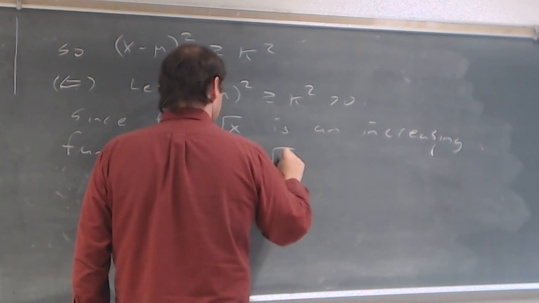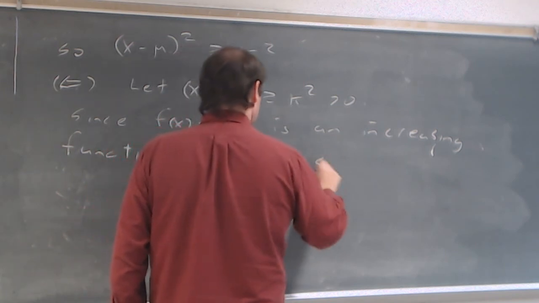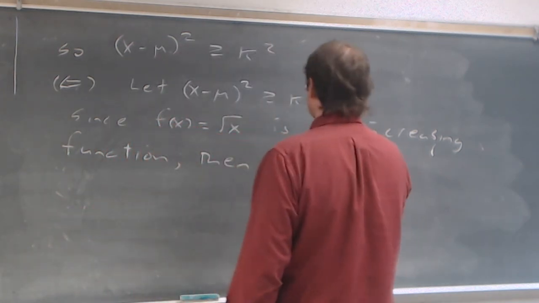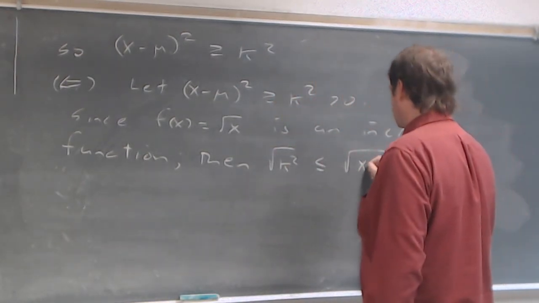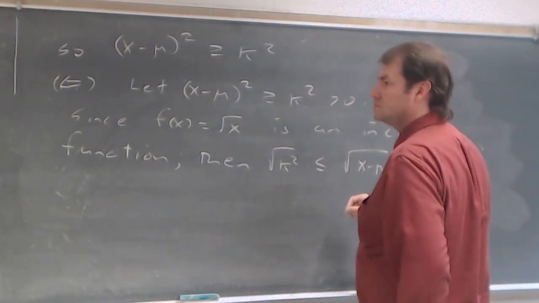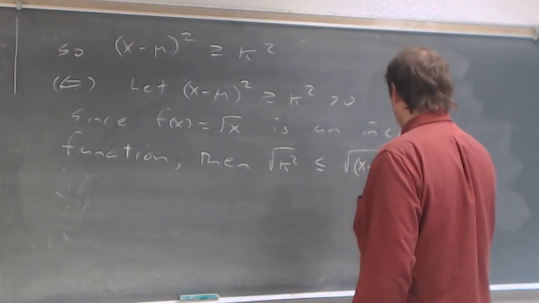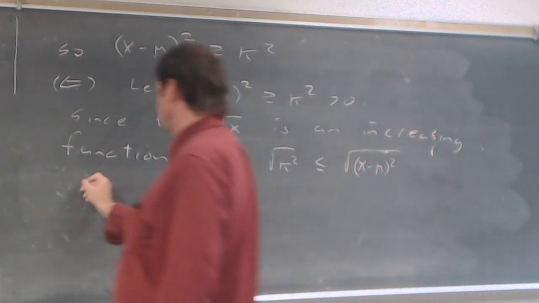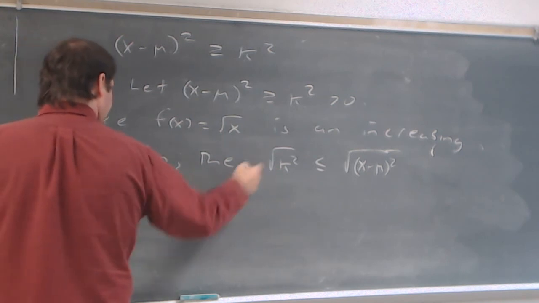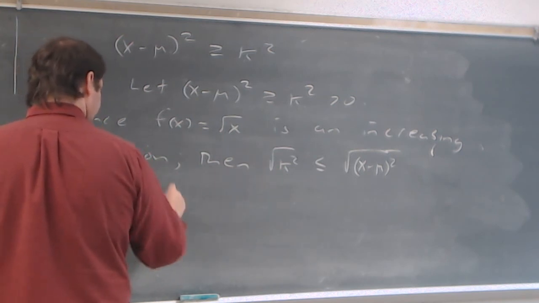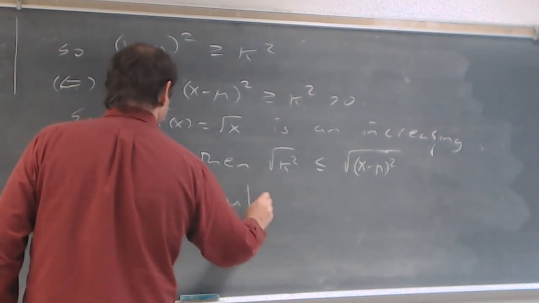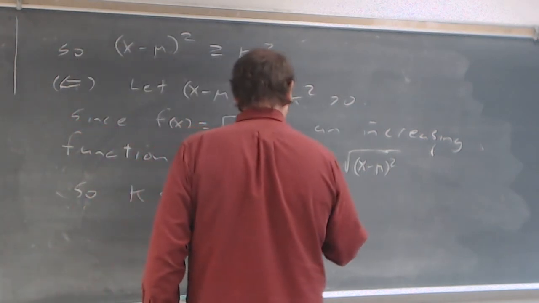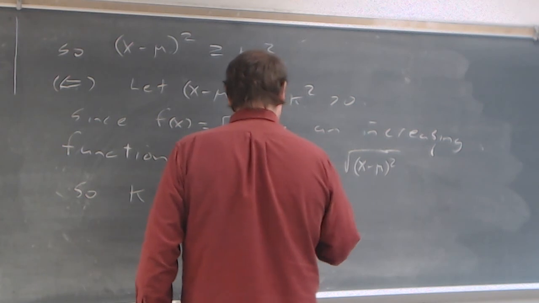So the square root of k squared is less than or equal to the square root of (x minus mu) squared. And the square root of k squared is k because k is positive, which is less than or equal to the absolute value of x minus mu. And that's the end of the proof of the claim.